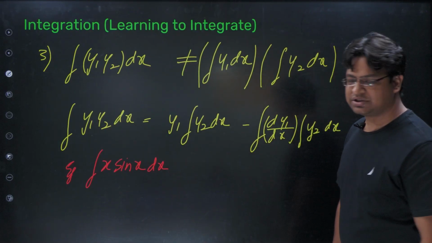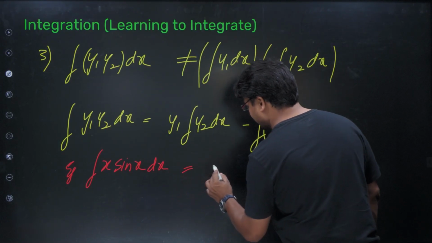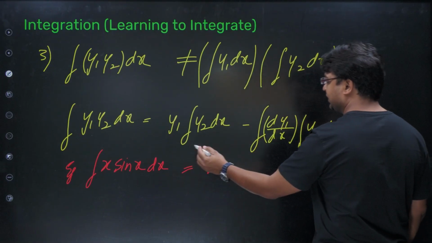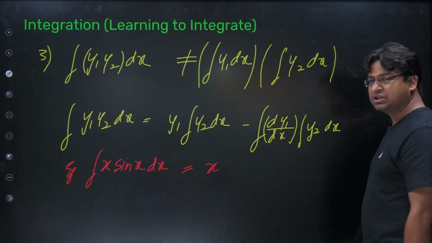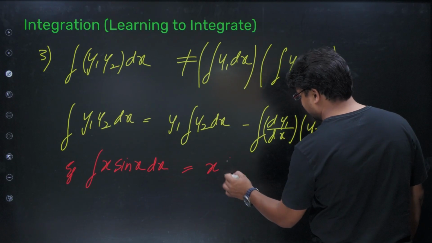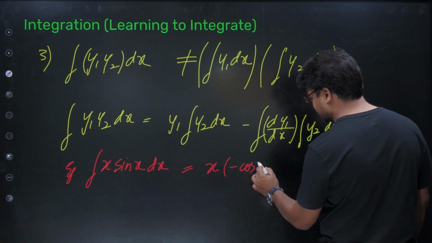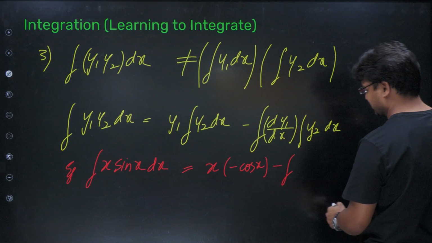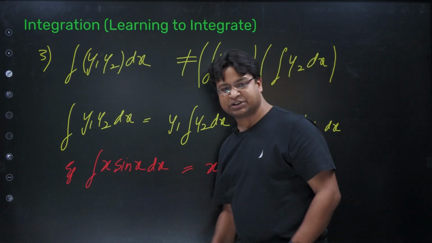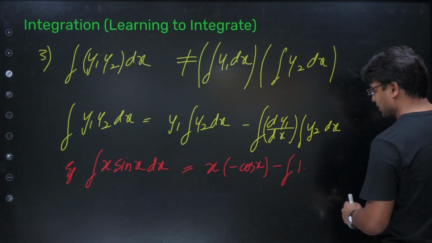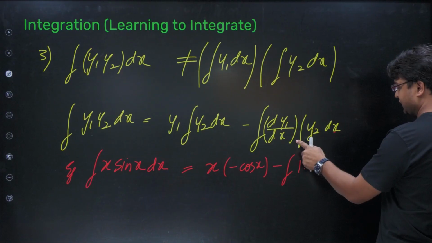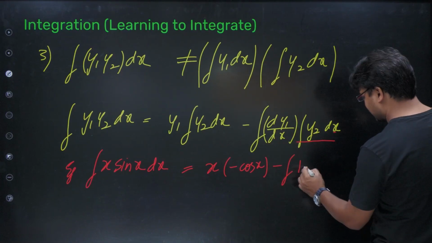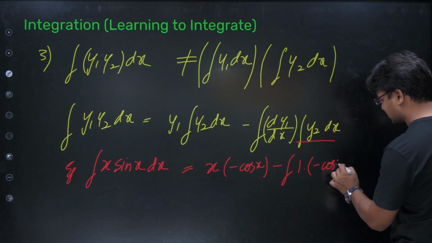x is the first function and sine x is the second function. So we will write first function into integration of second. Integration of sine x, I'm directly writing, would be minus cos x, minus integration of differentiation of first function. Differentiation of x with respect to x is 1, multiplied by integration of second function, which was minus cos x.